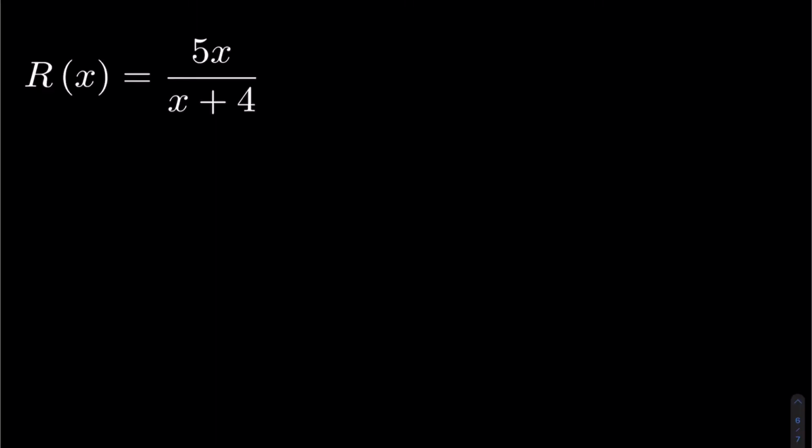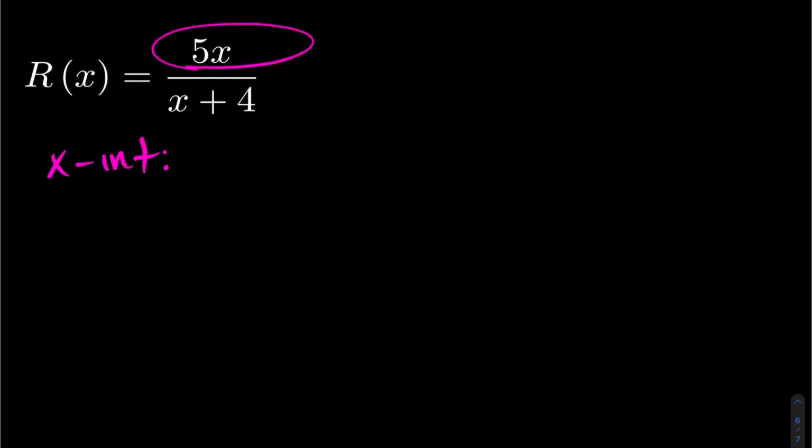With the following function, the first thing we want to look at is finding some characteristics, like the x-intercept and y-intercept, and vertical asymptotes and horizontal asymptotes if there are any. First, let's look at finding our x-intercept. If I want to find the x-intercept of a rational function, what you want to examine is when the top is 0.